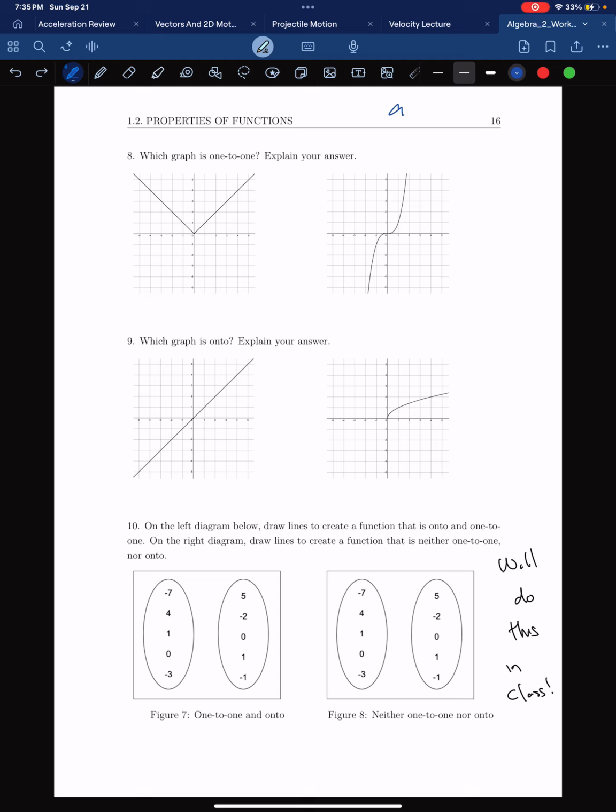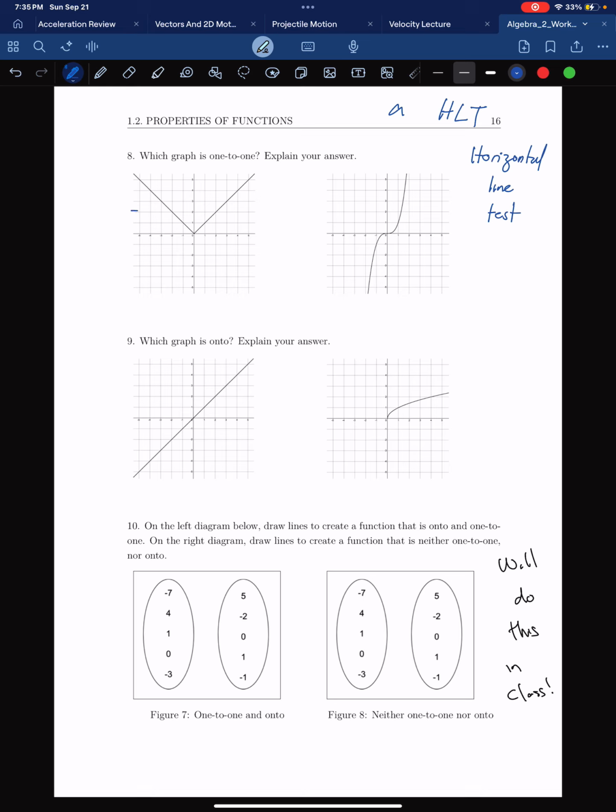If outputs are repeating, for example, then we can use the HLT, the horizontal line test. Every time to test if a function is one-to-one, use the horizontal line test.